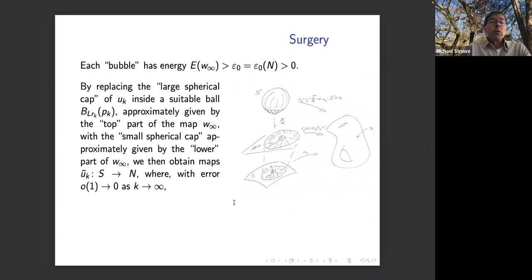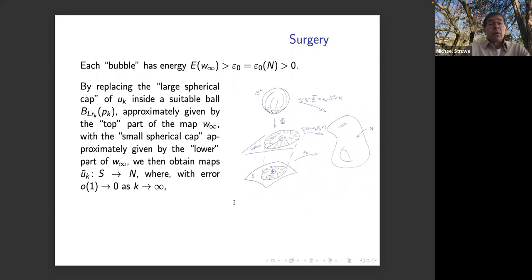So whenever a bubble forms, we will replace the large part of this bubble inside a suitable coordinate neighborhood around the concentration point by the small part of the bubble, and thus save some portion of energy, roughly given by this number epsilon 0 up there.